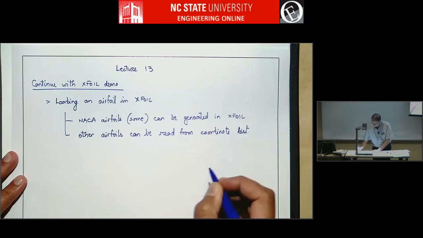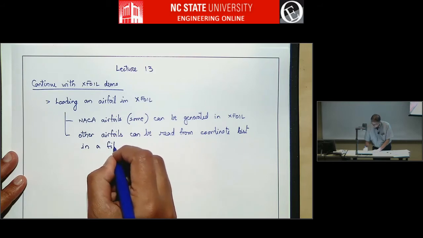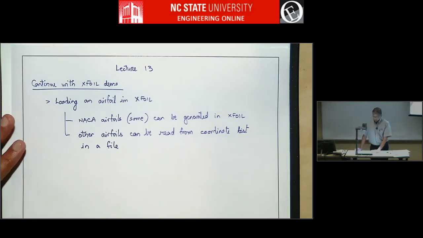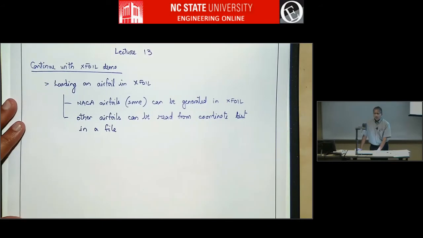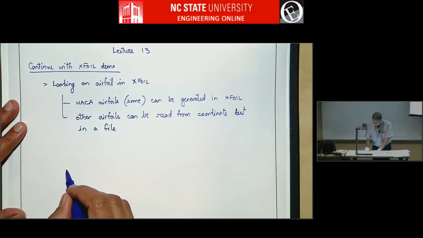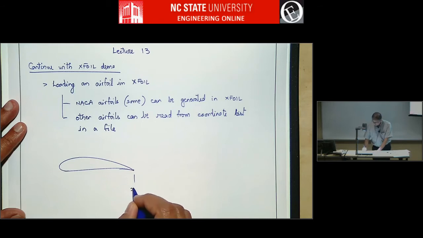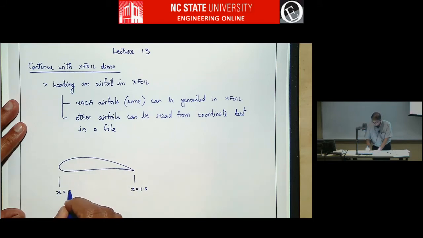So you can read it from a coordinate list in a file. The default sign convention for this is usually x equals 1 here, and x equals 0 here.